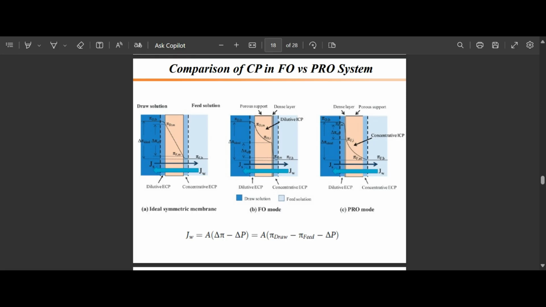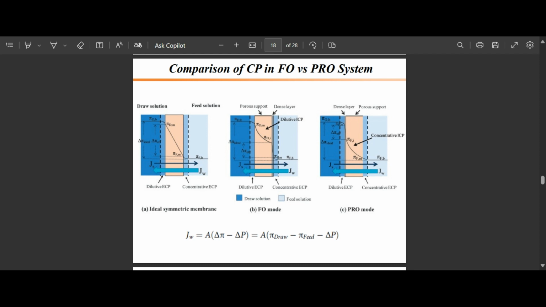But in PRO case, we place the active layer this way, in PRO mode. But not different: in case of FO, JW and JS are in the same direction.